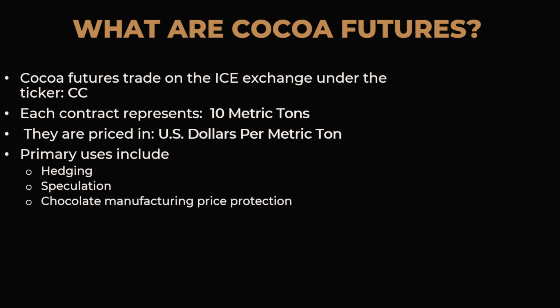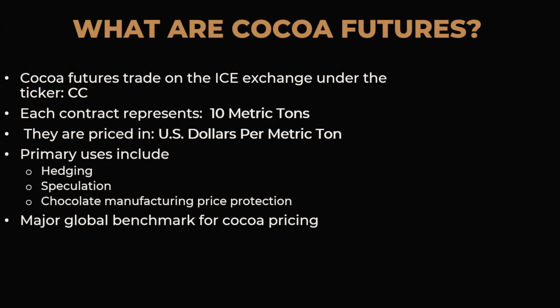But underneath that simplicity sits a market that is deeply connected to the global food system. International trade flows, weather patterns, political stability, and institutional hedging activity. Cocoa futures primarily exist for three reasons: hedging, speculation, and commercial price protection for manufacturers.